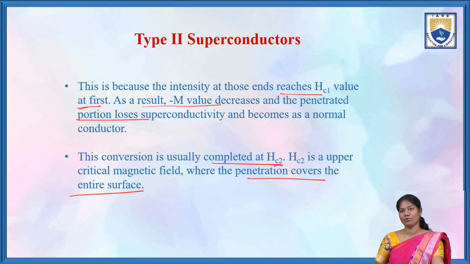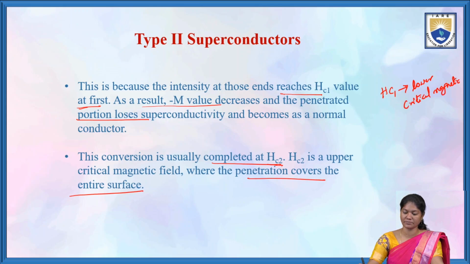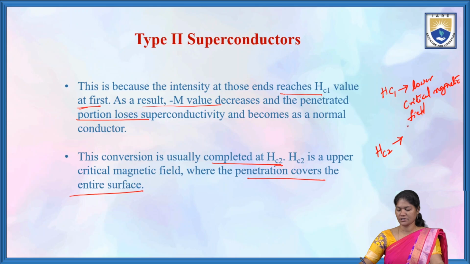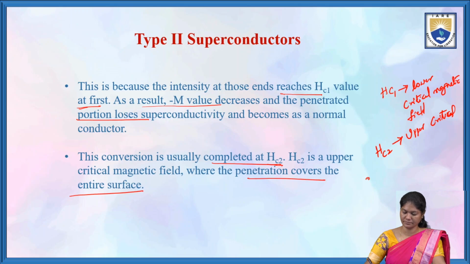Before that, the penetration starts at HC1, that is the lower critical magnetic field, whereas HC2 is the upper critical magnetic field.